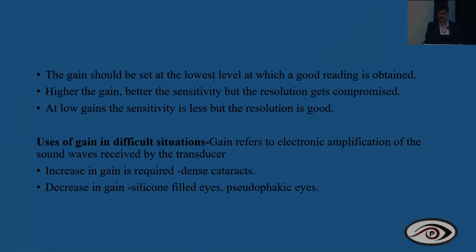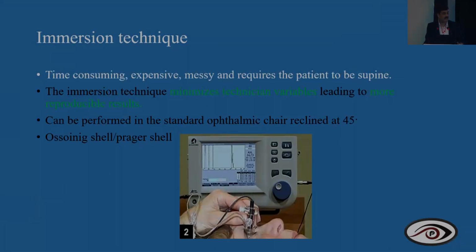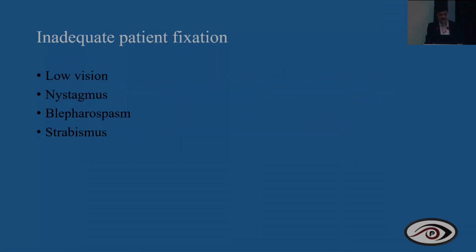In difficult situations, you have to increase the gain when you have a dense cataract, and decrease the gain in silicone filled eyes or pseudophakic eyes. Coming to the immersion technique, it is time consuming but gives the perfect reading, and can be performed in a standard ophthalmic chair, which is retained at 45 degrees with the help of Oculus and Prager.